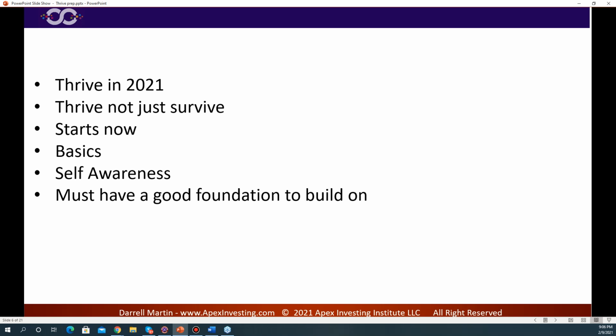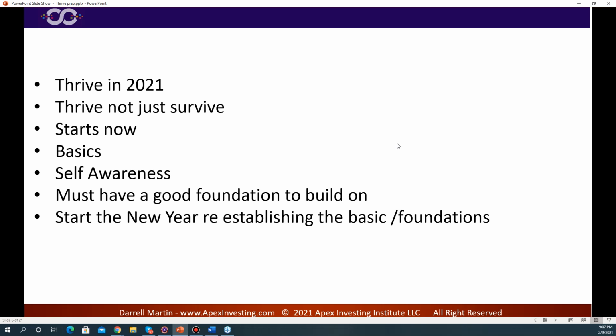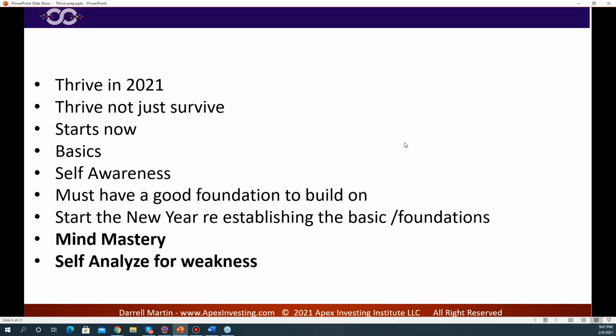Remember the pig, the sheep, the leopard, and the lion, and all that, right? And we talked a lot about that and set that stage of having a good foundation, being self-aware, of knowing what your weaknesses were and being able to identify those and self-analyze for weakness, and talked about how to build up to thrive.